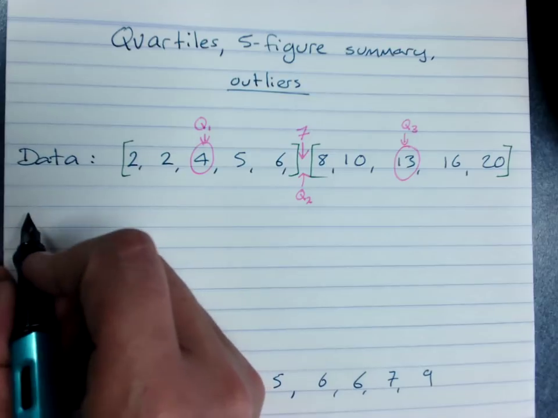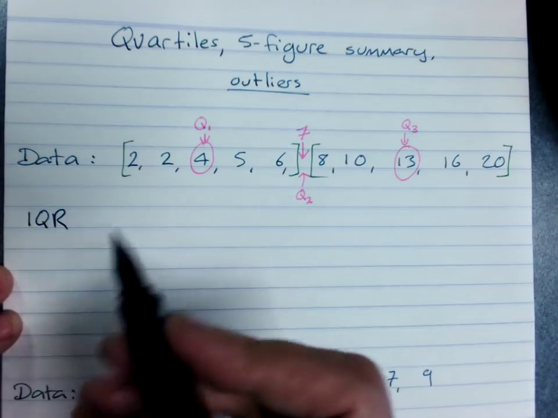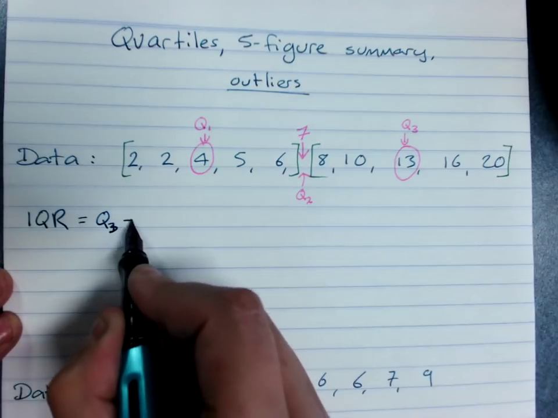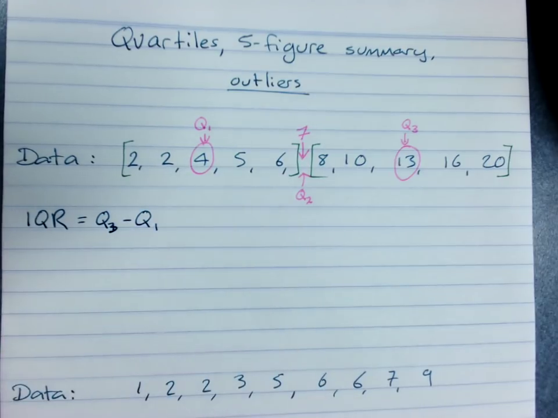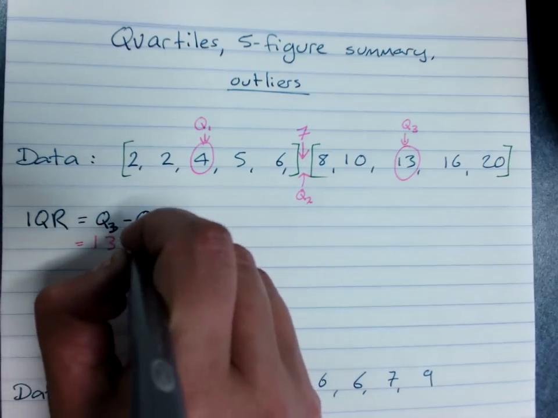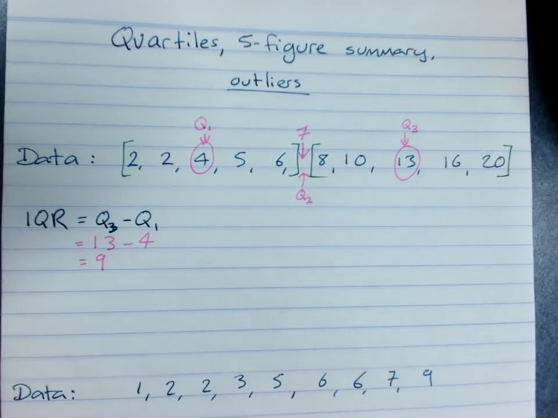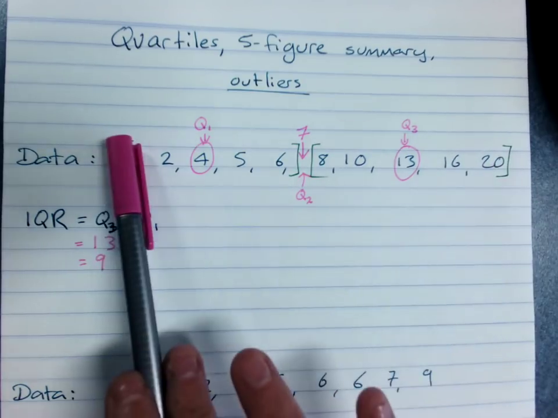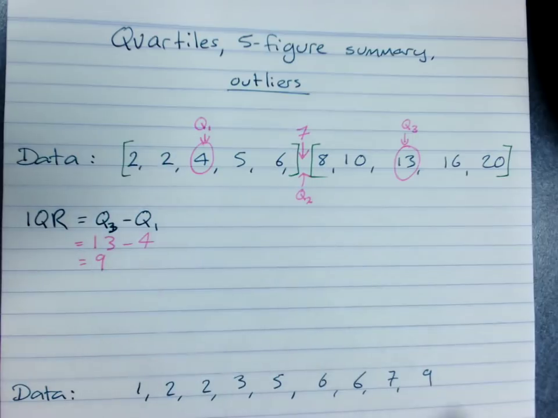So the IQR, the interquartile range, is Q3 minus Q1, which in this case is 13 minus 4, which is 9. That is separate, of course, to the range, which is the maximum minus the minimum, which in this case would be 18.